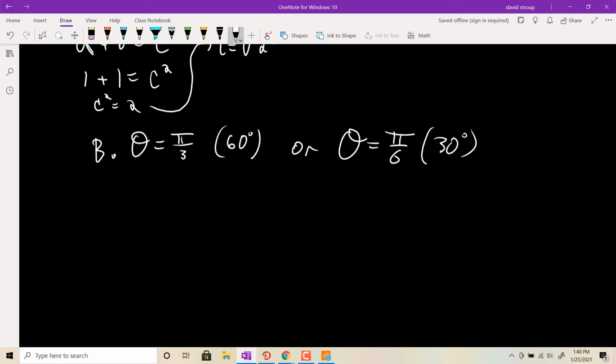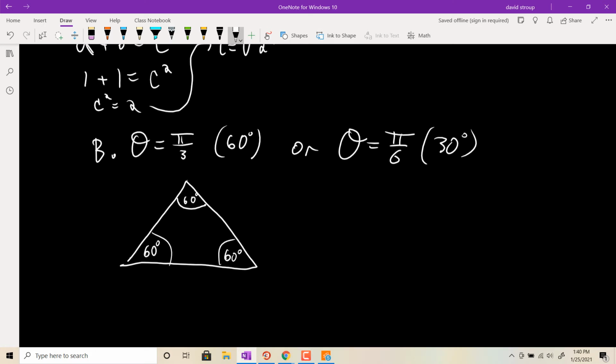In order to get these, we're going to use 2 right triangles back to back. So if you have two 60-degree angles on this triangle, 60 plus 60 is 120, 180 minus 120 is 60. So all these angles will be 60 on this triangle.